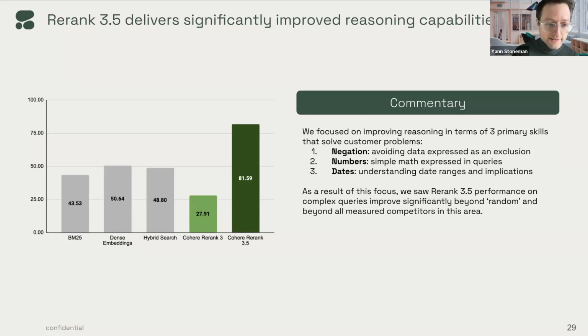And that's because this type of reasoning that I showed with the hotel example, it wasn't supported for the most part, like things like negation and date understanding and so forth.